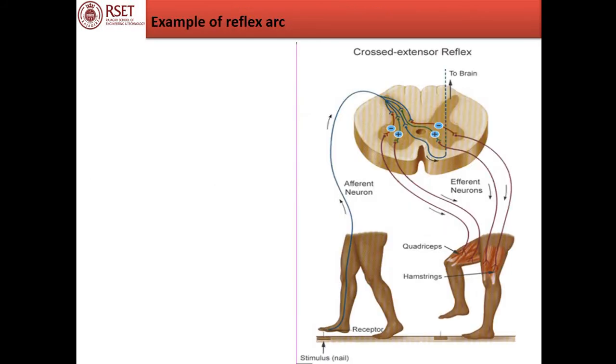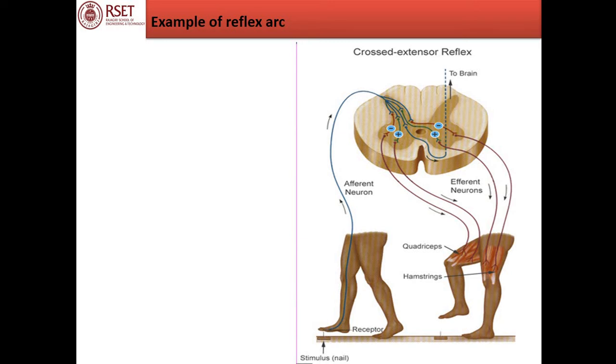Let us now look into a reflex action by the neurons. The communication is had by the neurons. You can see the reflex action of the human body reacting when it comes across the stamping of a nail.